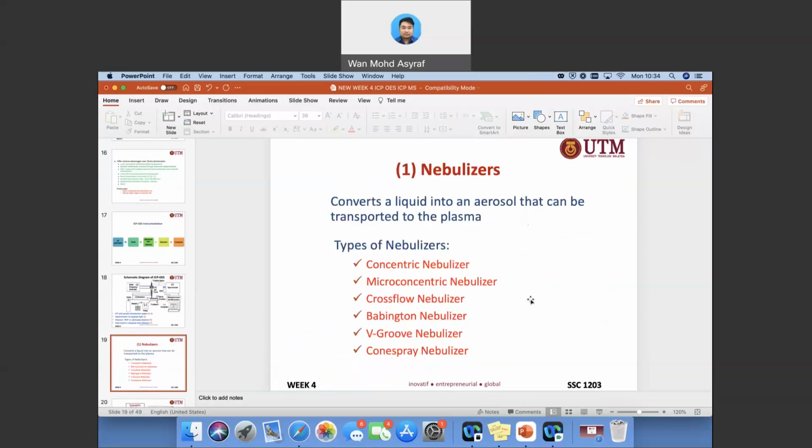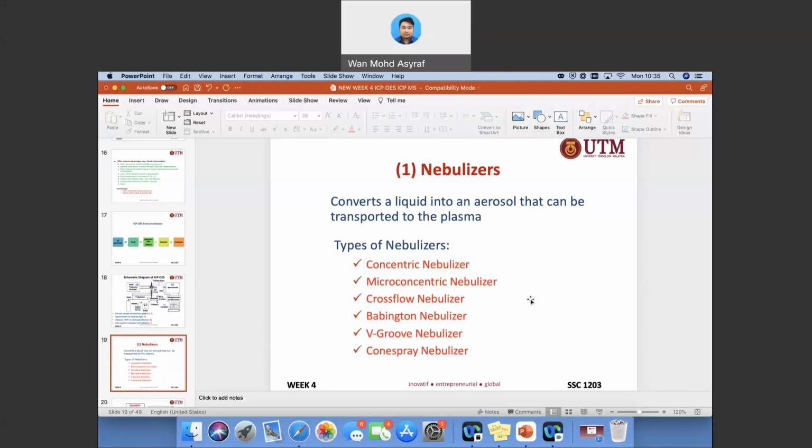All right. So now the first thing we are going to look at is the nebulizers. The nebulizer converts the liquid, your sample, which needs to be in liquid form, into aerosol particles that can be transported into the plasma by argon gas. There are several types of nebulizers, and each has its own characteristics, but we are not going to look into each in depth.